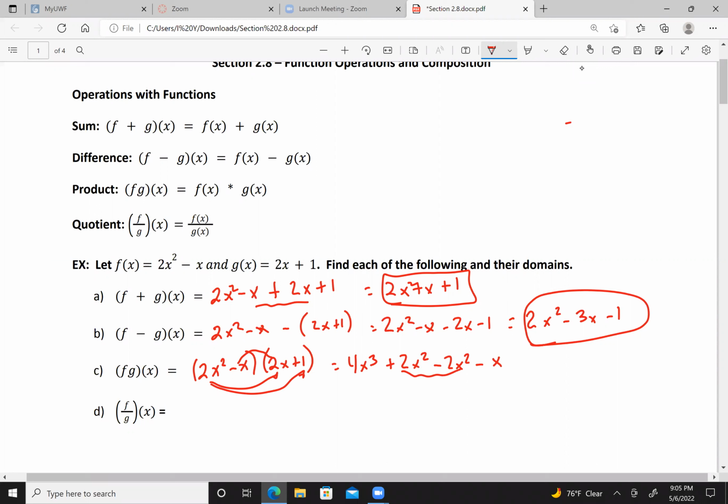These cancel. 4x cubed minus x. And here we have 2x squared minus x over 2x plus 1. And at this point, we would not go any further than that.